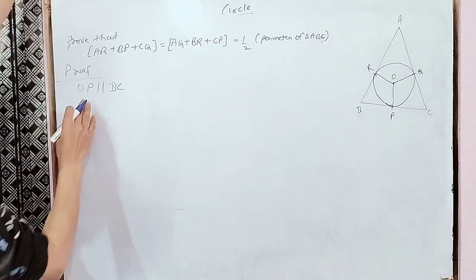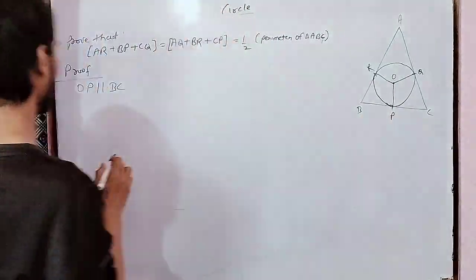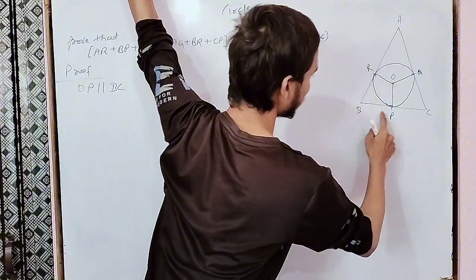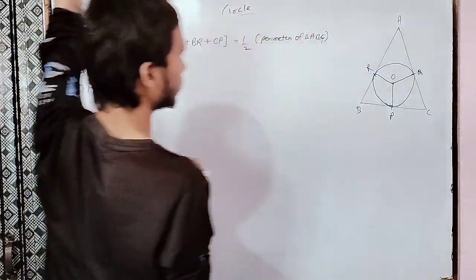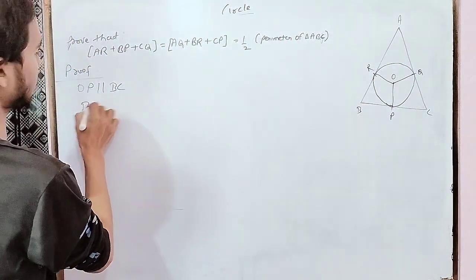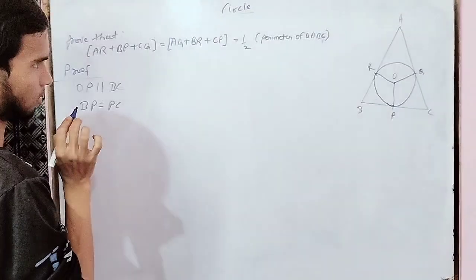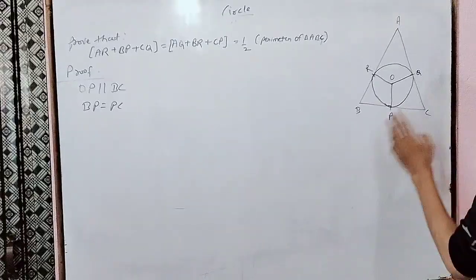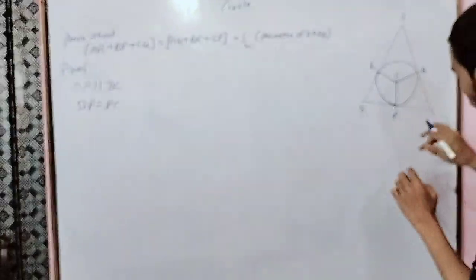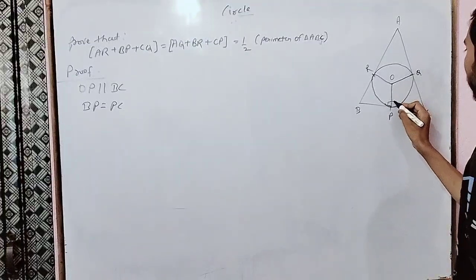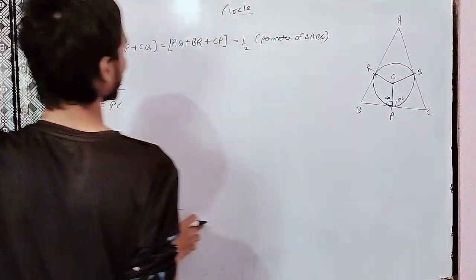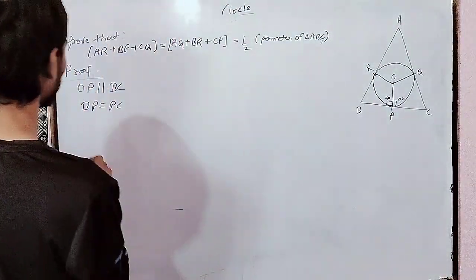So OP is perpendicular to BC, so of course the measure of BP will be equal to PC, because OP is perpendicular to BC. Now when it comes to perpendicular, of course this is forming 90 degrees.